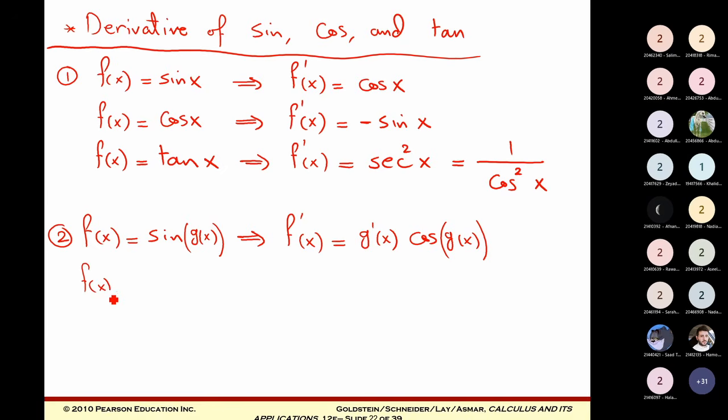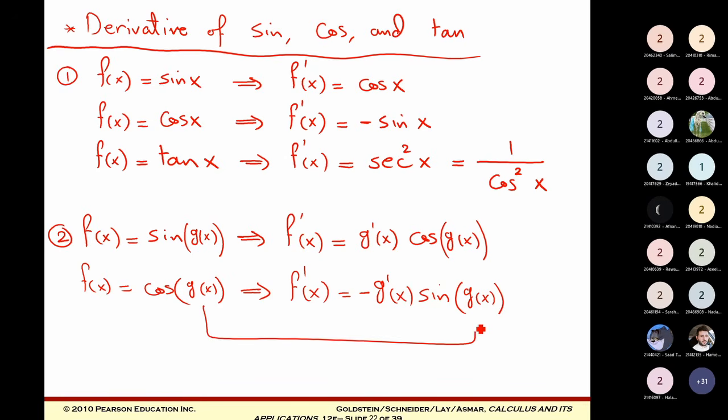Also, if we have f of x equal cosine g x, now f prime of x equal the derivative of the angle g prime and the derivative of cosine, this is equal minus sine, and put it the same angle.